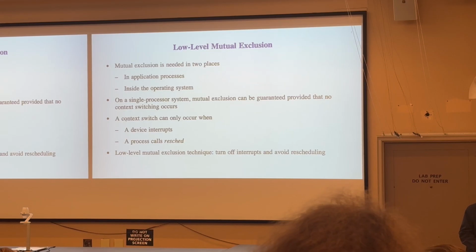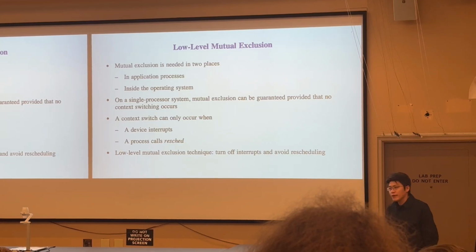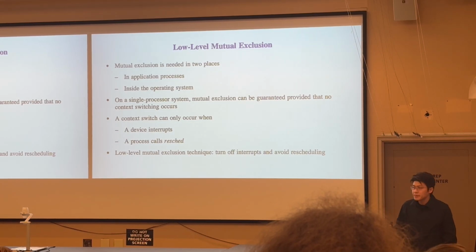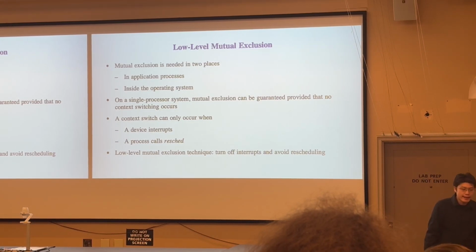A context switch can only happen when there is a device interrupt or a process calls reschedule. So if your process disables interrupts and does not voluntarily call reschedule, then there won't be any concurrency issue. Turn off interrupts and avoid reschedule.